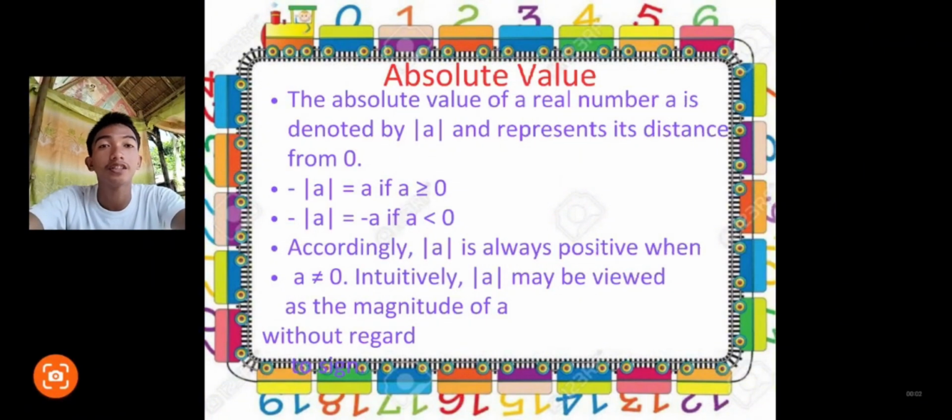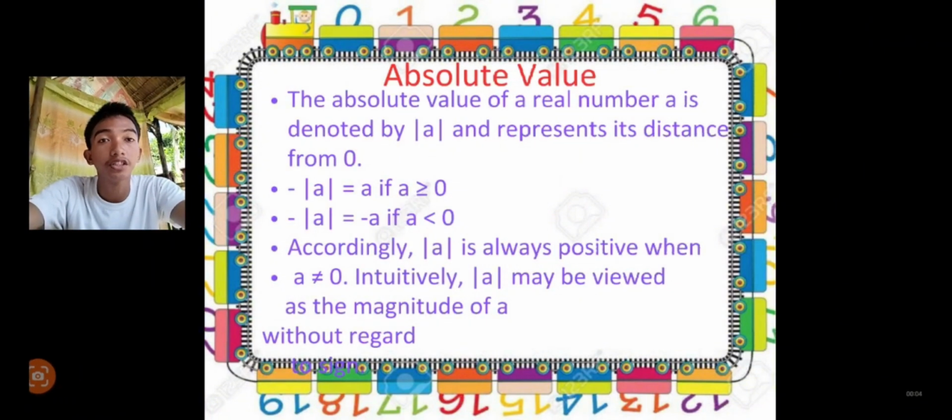To continue the discussion of our report, let's continue on absolute value. The absolute value of a real number E is denoted by absolute value of E and represents its distance from 0.